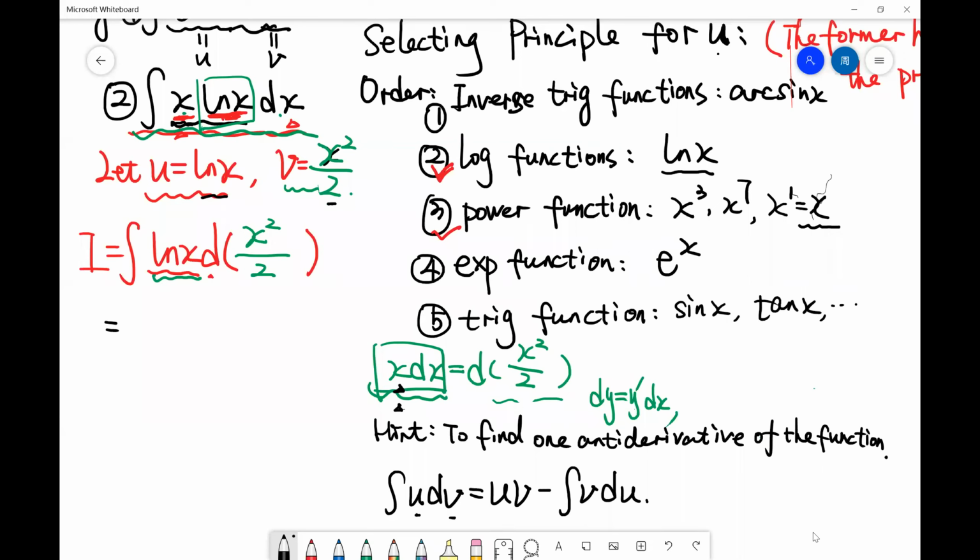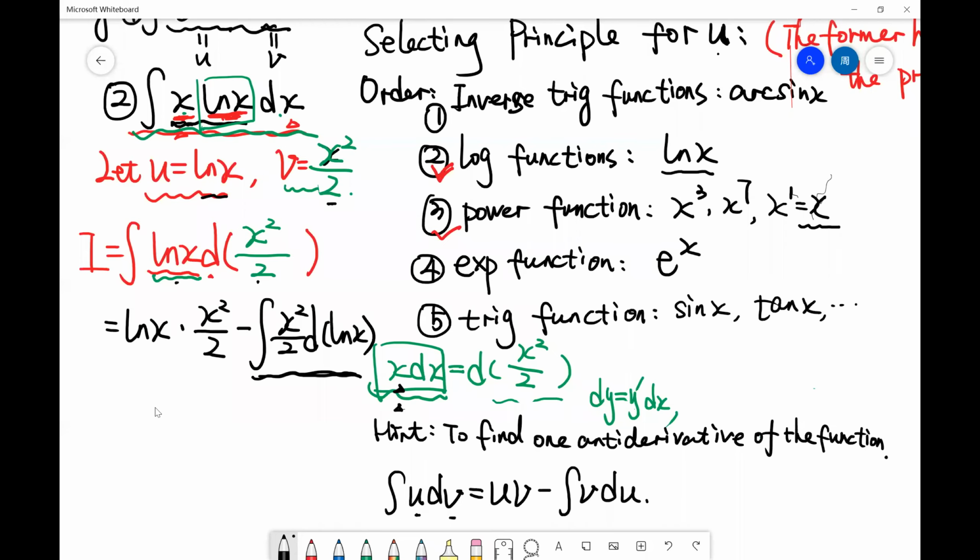So the first step, that is u times v. So we just times ln x times x squared by 2. And then minus, we exchange the places of u and v. So here should be x squared by 2 d ln x. At the beginning of learning integration by parts, you'd better write step by step. So the first step, you just exchange it.